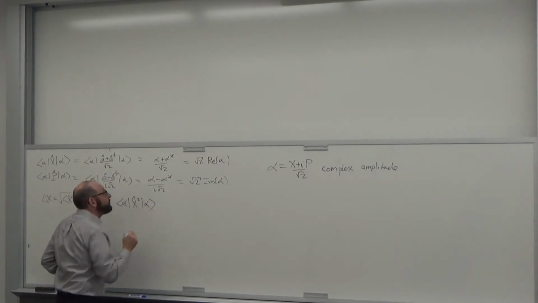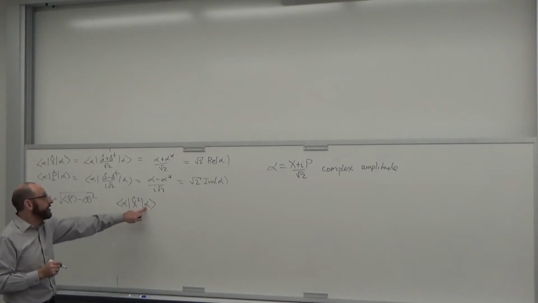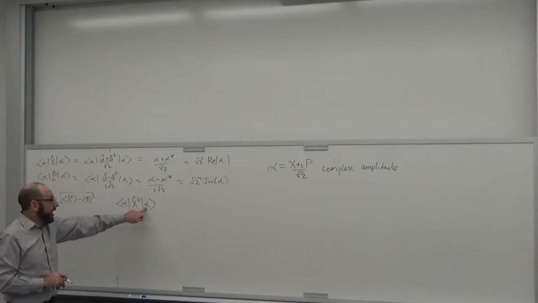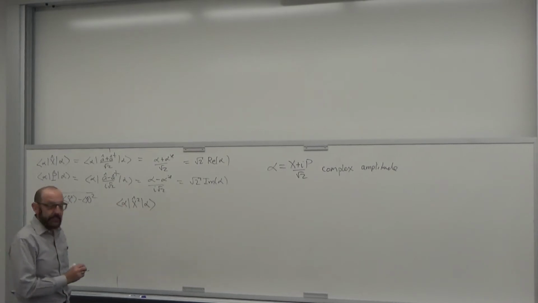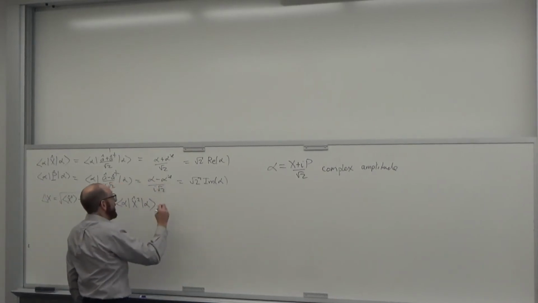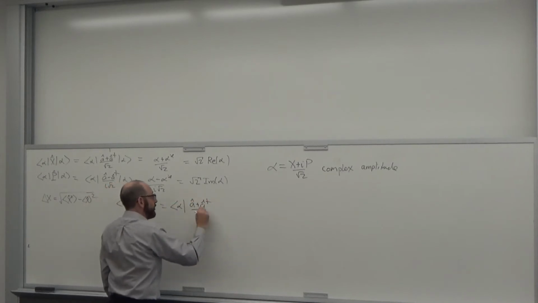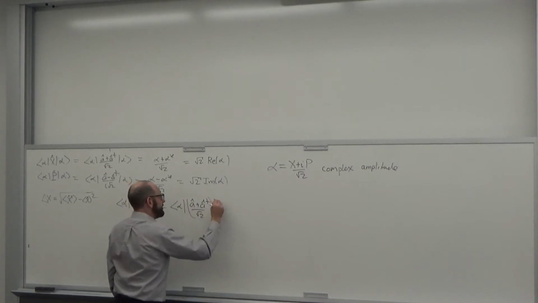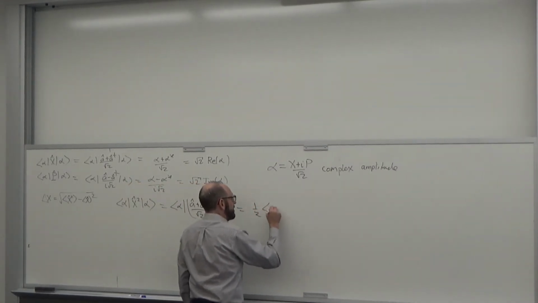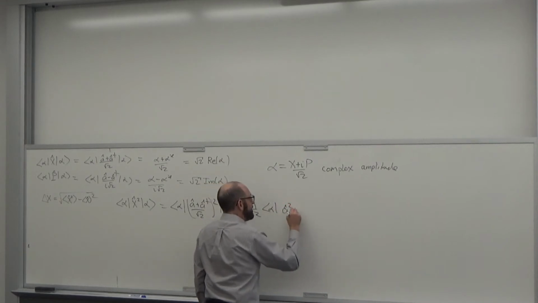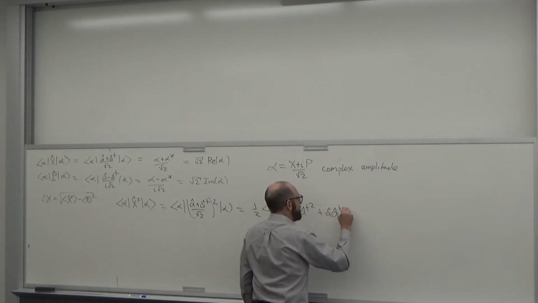Well, we know this is an eigenstate of A on the right, and this is an eigenstate of A dagger on the left. So let's plug in what we have. This is equal to A plus A dagger over root 2 squared, or 1/2 A squared plus A dagger squared plus A dagger A plus A A dagger.